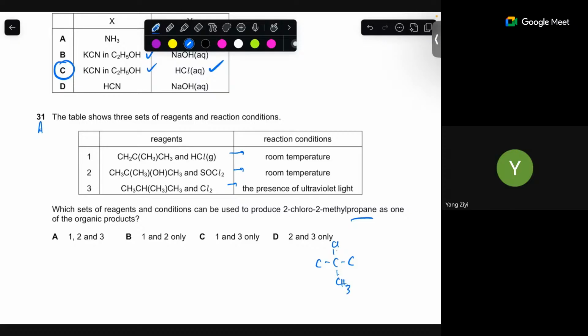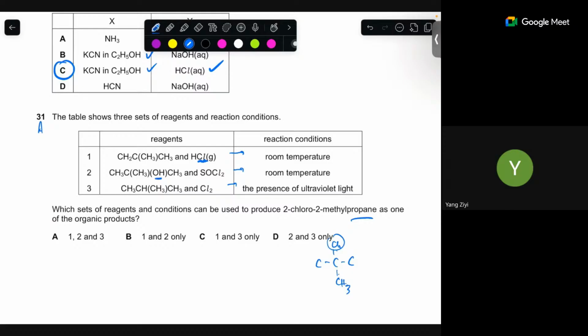So here, in carbon number 2, there is OH. When they want to produce the Cl coming here, you can use the reaction with HCl at room temperature.